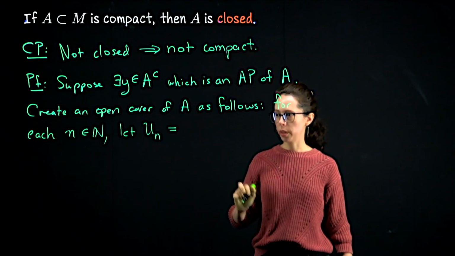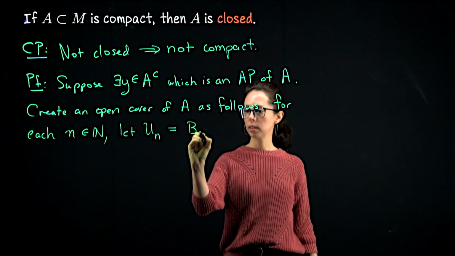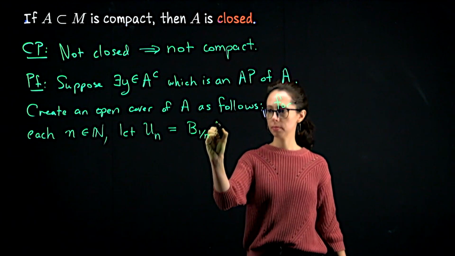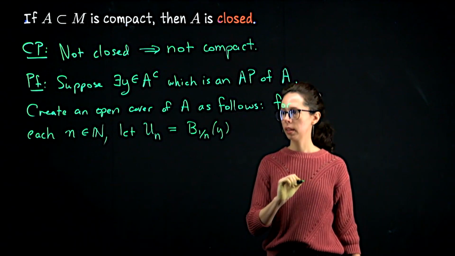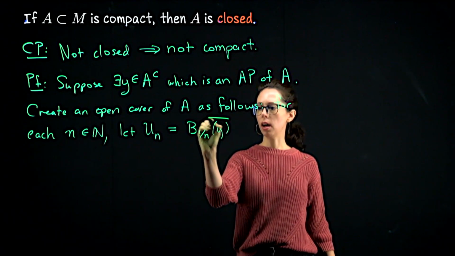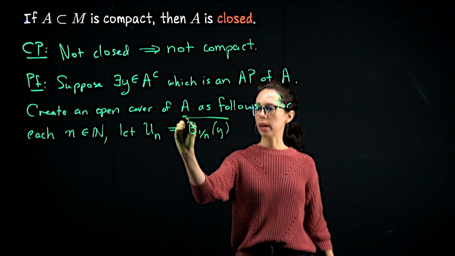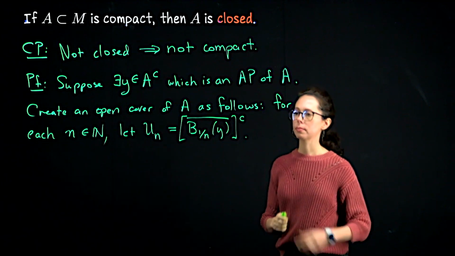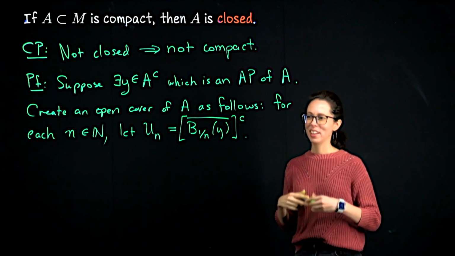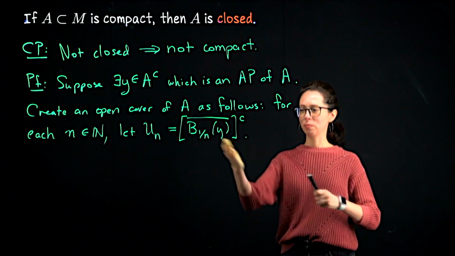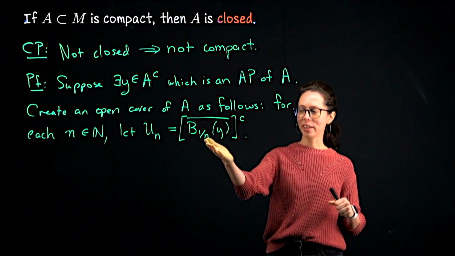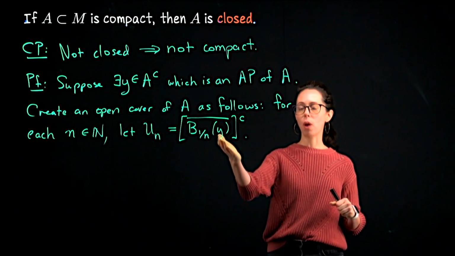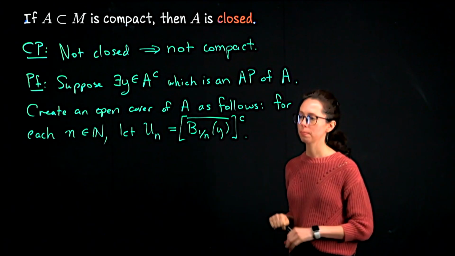What I'm going to do is take the neighborhood of radius 1 over n around y, and then close that off so that when I take its complement, it's an open set. This is kind of a weird way of saying it's all of the points in the metric space whose distance to y is greater than 1 over n.